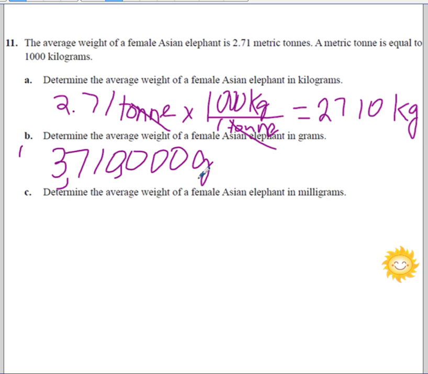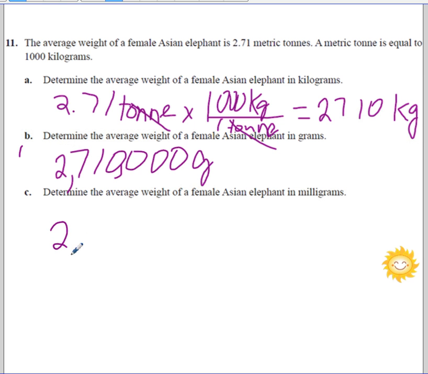So if we take our grams, again in the number line, grams is in the middle, milligrams is all the way to the right, which are 3 spaces later. So we have to add another 3 zeros or move our decimal. Oh, I see a mistake I made. I put 3 here instead of 2. Not sure why, I apologize for that.